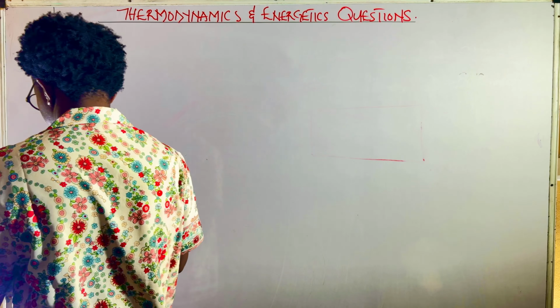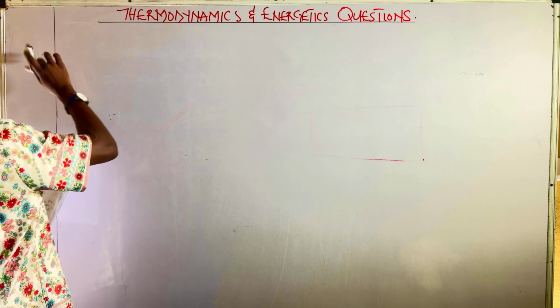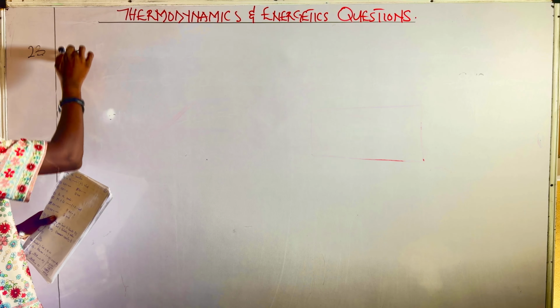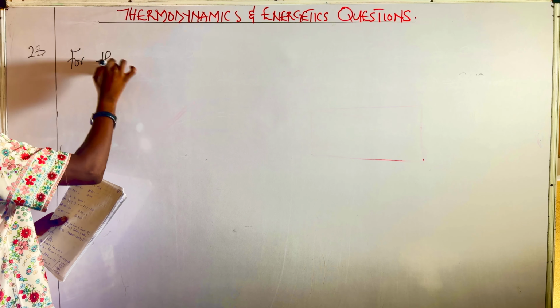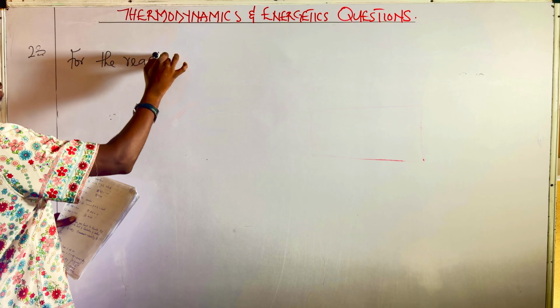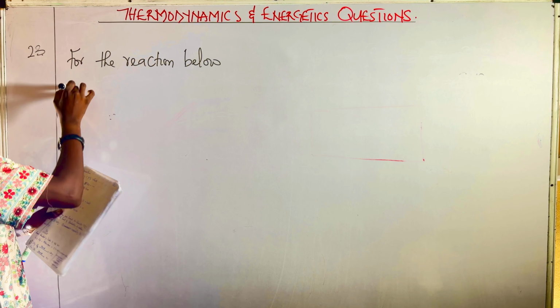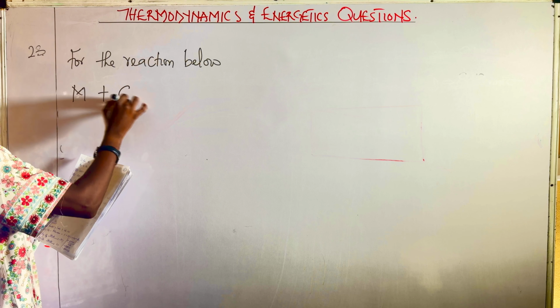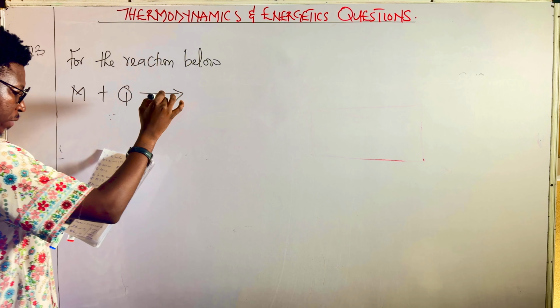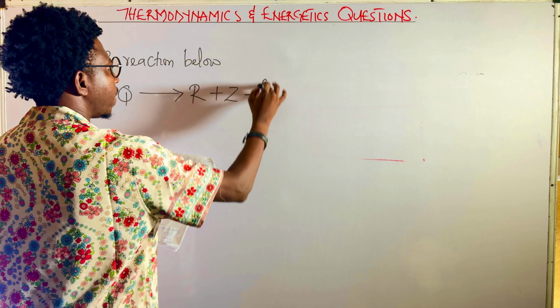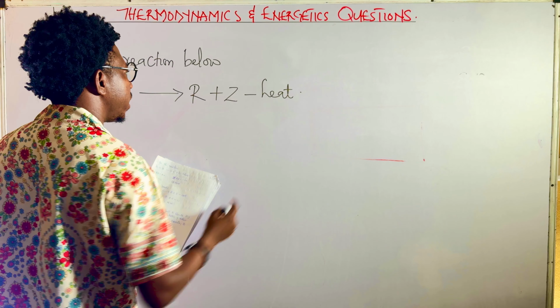Which is number 23. Number 23. We have a similar question. For the reaction below, M plus Q to give R plus Z minus heat.